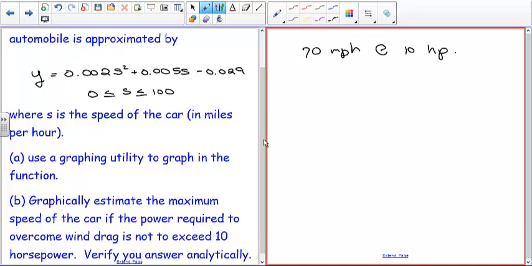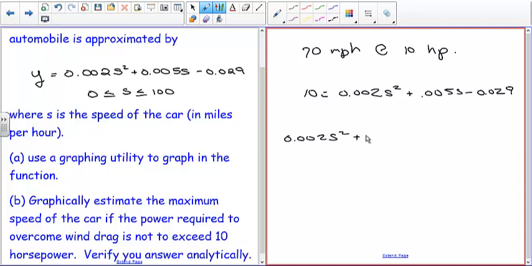Anyway, so now we're supposed to verify it. So what happens is we have the answer is y, which is 10. So we say 10 is equal to 0.002 s squared plus 0.005 s minus 0.029. So we're going to make this into a quadratic equation.